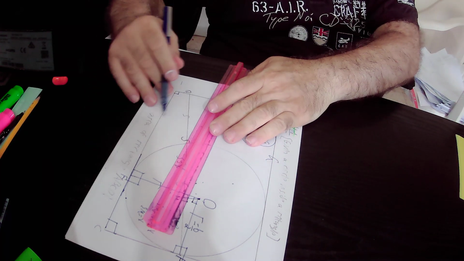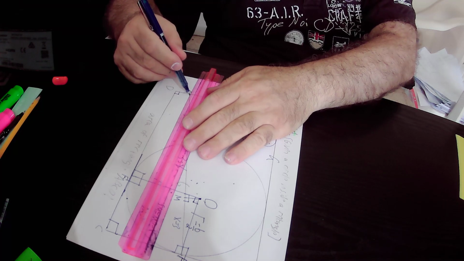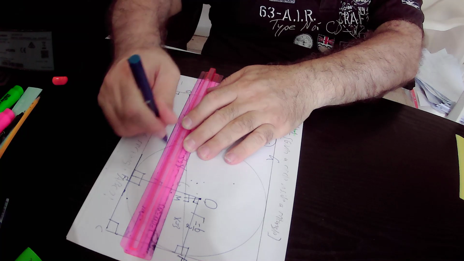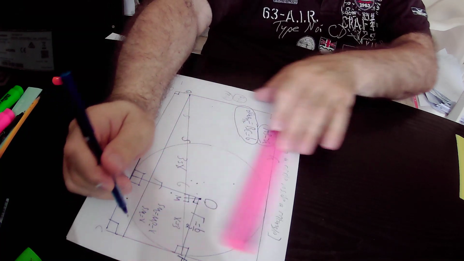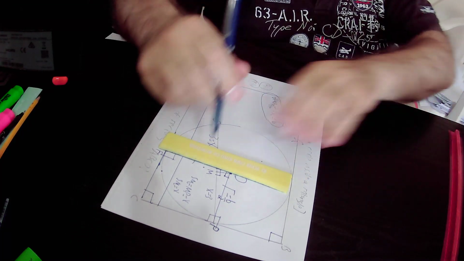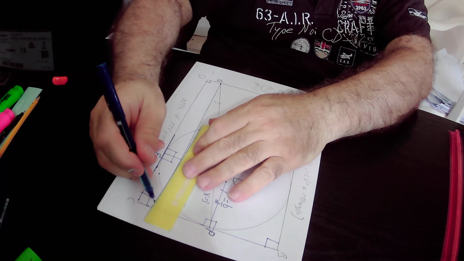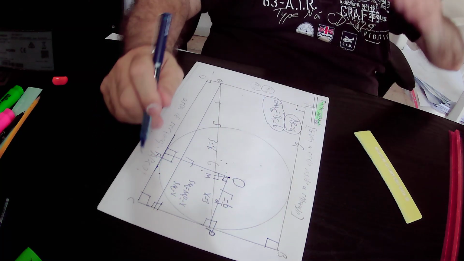Again, from point Q, we draw a perpendicular on BC. So actually, this angle equals 90 degrees, and this angle also equals 90 degrees according to our construction.